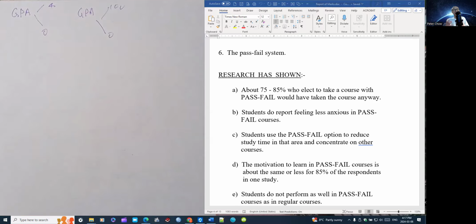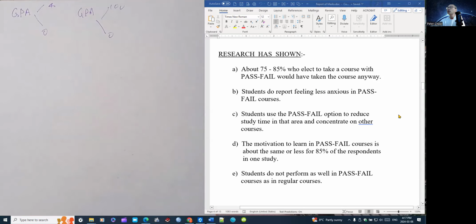This may be true, okay, but let's take a look at what research shows. Roughly 75 to 85% of the students who would elect to take the course with pass-fail would have taken the course anyway.